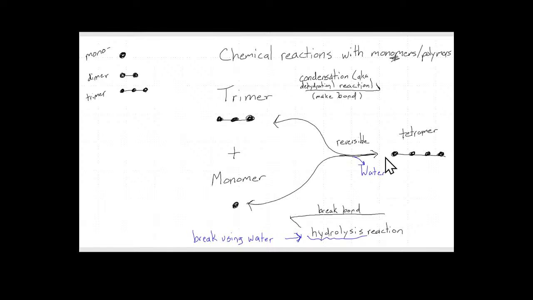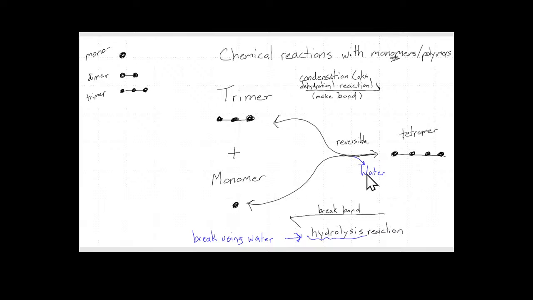Just like you can pull a water out to cause covalent bonds to form between the parts of your polymer, if the reaction goes in the reverse direction, you can go from the 4-part, a water would go into the reaction, and you could break one of those covalent bonds and be back to a trimer and a monomer, or a dimer and a dimer.